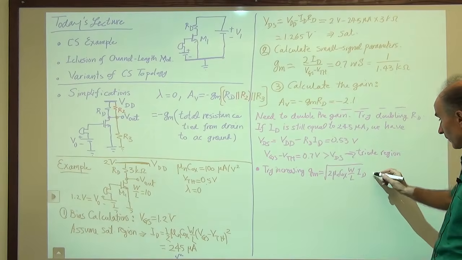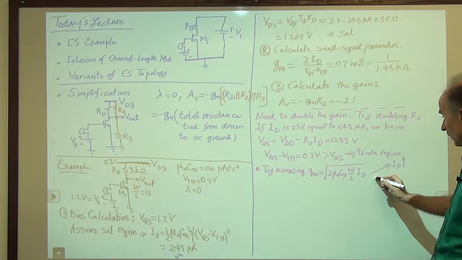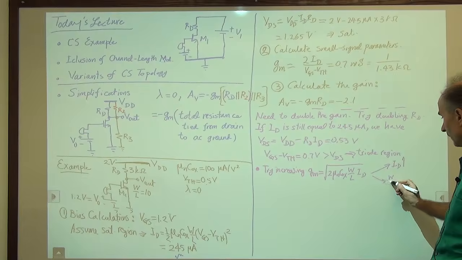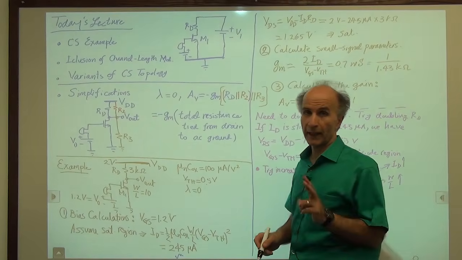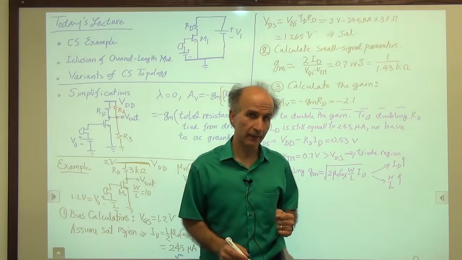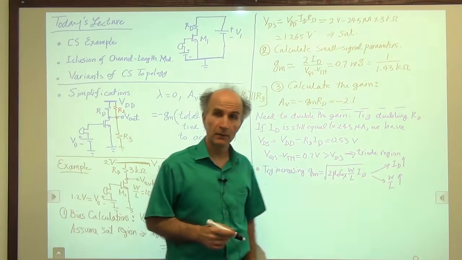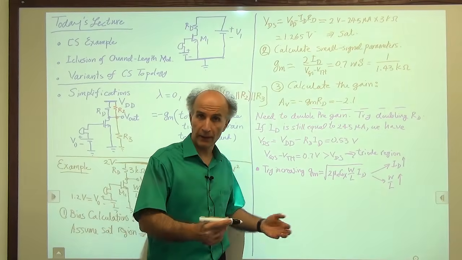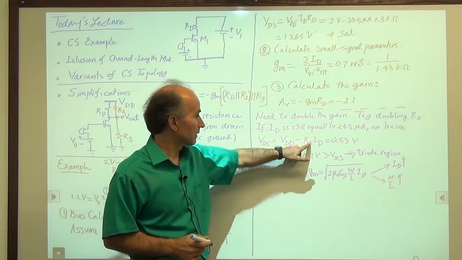So I will draw 2 scenarios. ID goes up or W over L goes up. These are the only options we have for increasing gm and hence the voltage gain. Okay, well, if ID goes up, something again goes wrong. Let's go back to this equation.